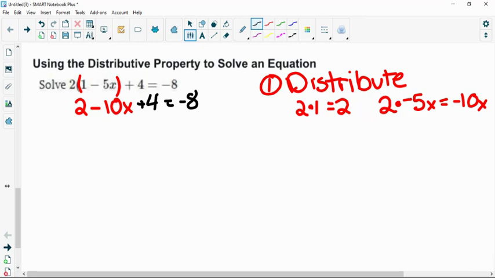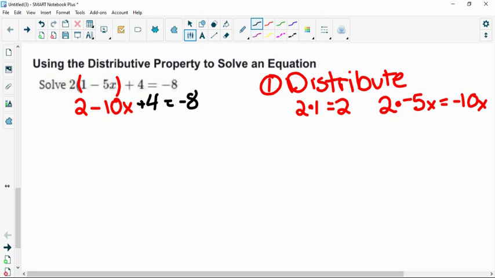Let's see about a second step here. Now, I notice we have like terms. These like terms are going to exist on the same side of the equal sign.